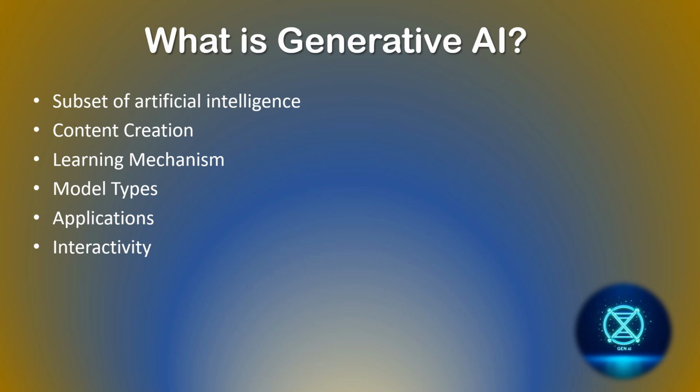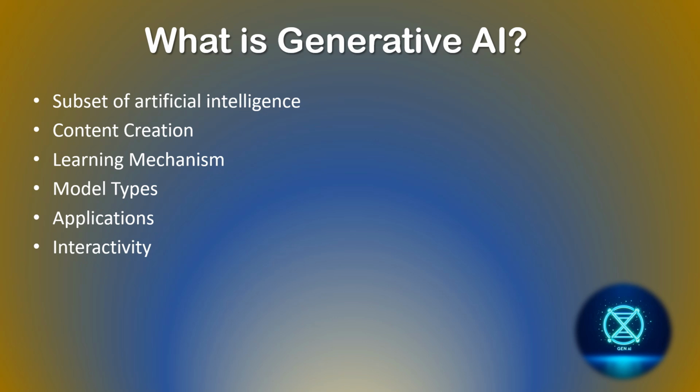That is called generative AI. Unlike traditional AI, which typically analyzes data to identify patterns or make predictions, generative AI generates new, original outputs that mimic the style or structure of the training data.